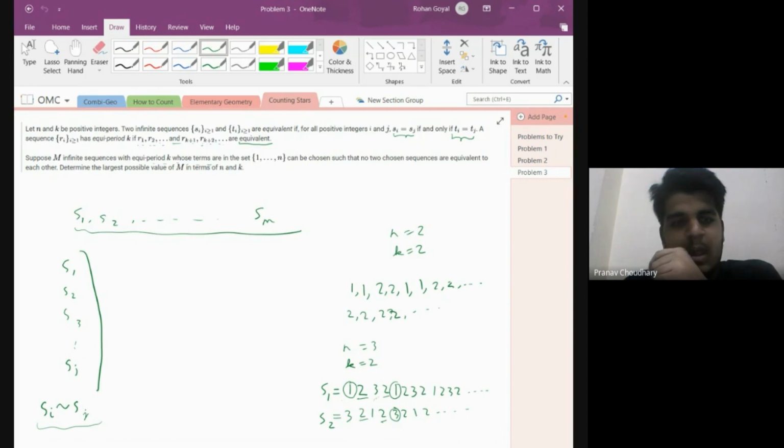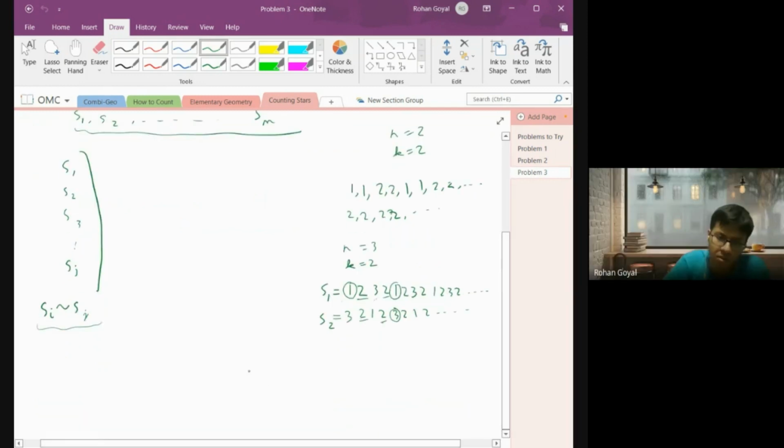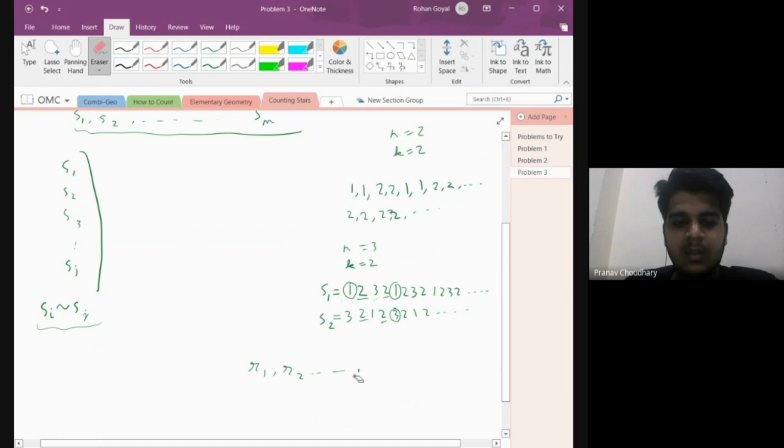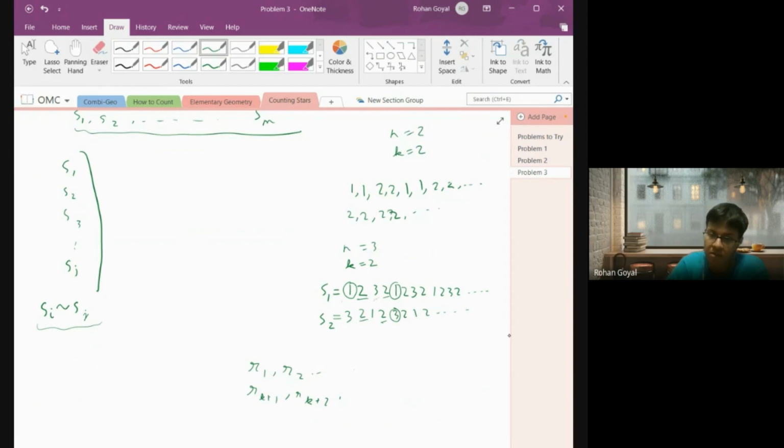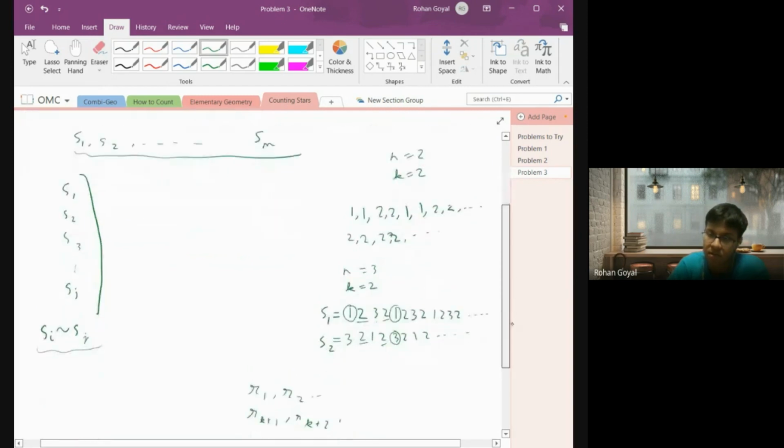So some sequence R1, R2 has equiperiod K. And if you consider the sequence Rk plus 1, Rk plus 2, and so on, the later sequence also has equiperiod k, right? Yes, because you said this sequence is equivalent to this sequence. So the equiperiod is a property that does get carried over this equivalence, because it has nothing to do with the actual values. It's just an equivalence relation.